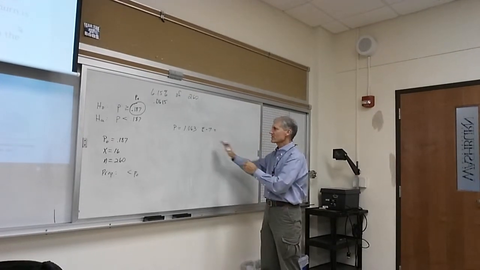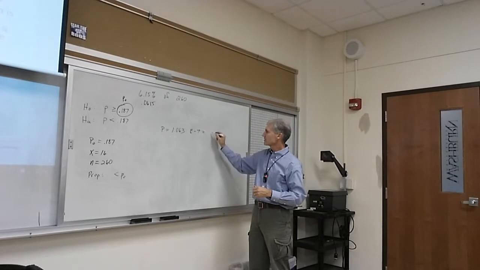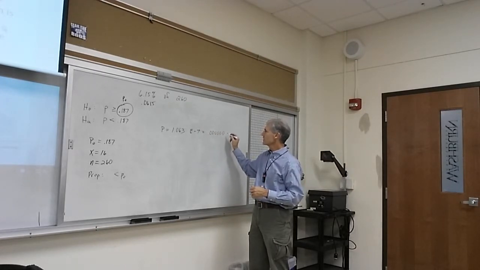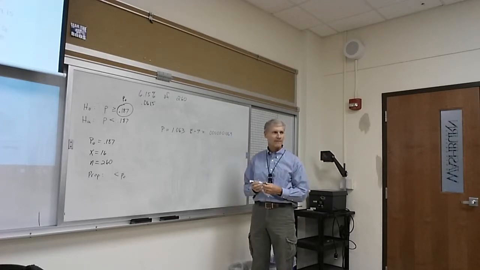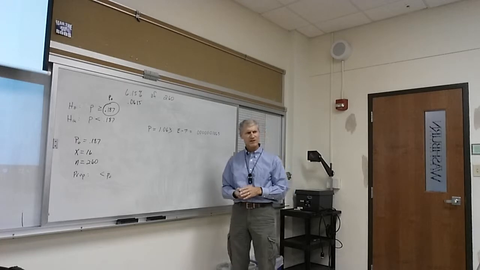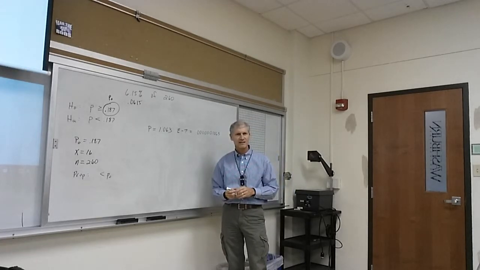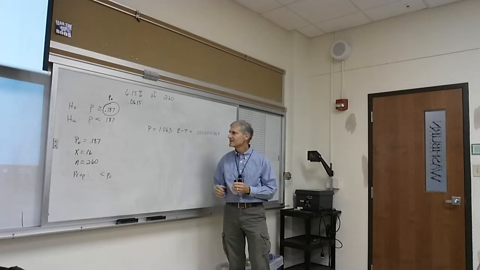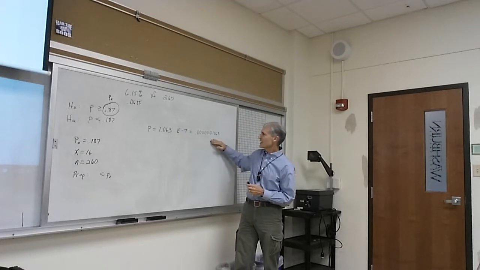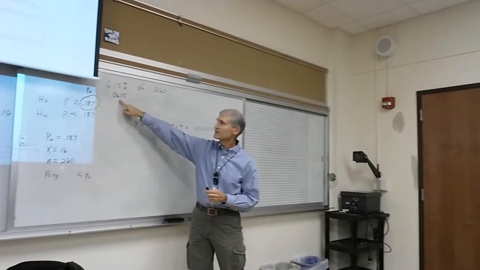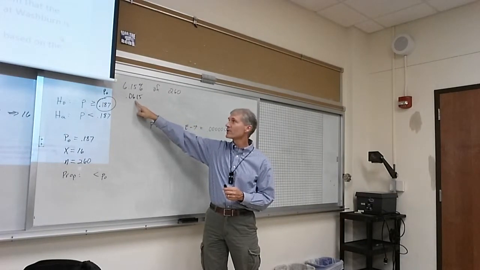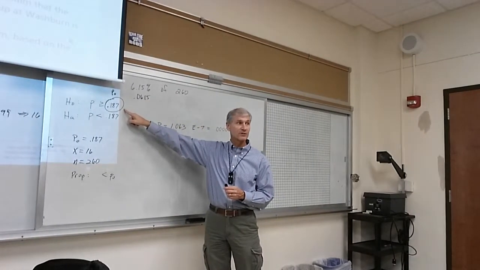You don't have to write it out. This is fine. But 0.000001063. Now, what is the p-value again? The probability that you could get sample data like we got, or even further from the null, if the null is true.